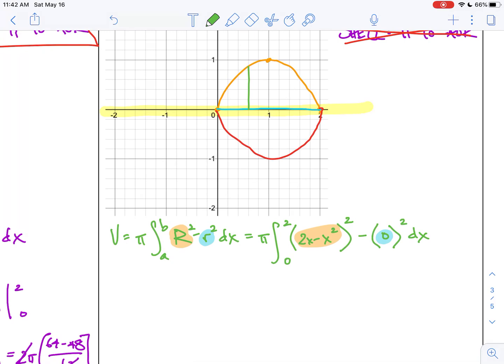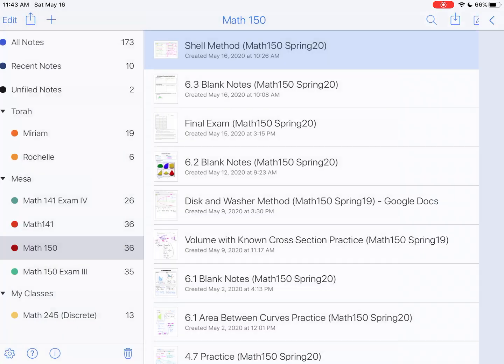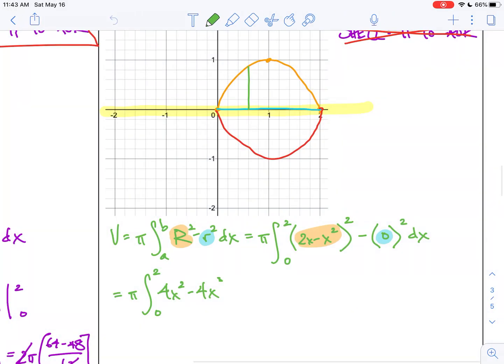All right, so now let's simplify. We've got pi times the integral from 0 to 2 of, let's FOIL that out, we'll get 4x squared minus 4x cubed plus x to the 4th dx.